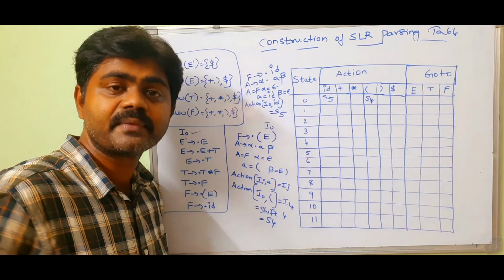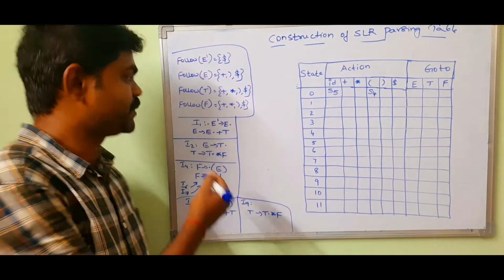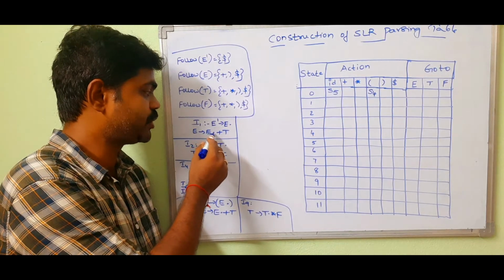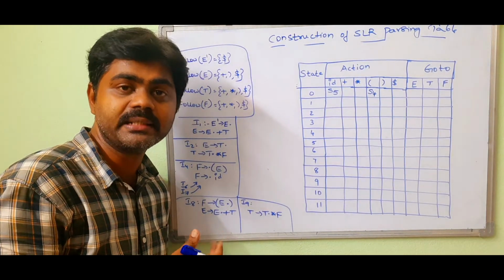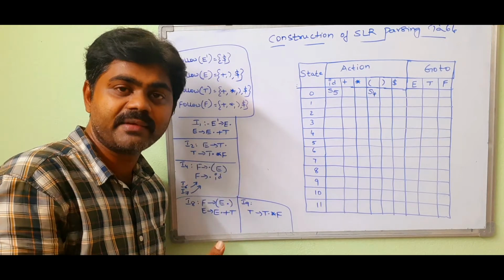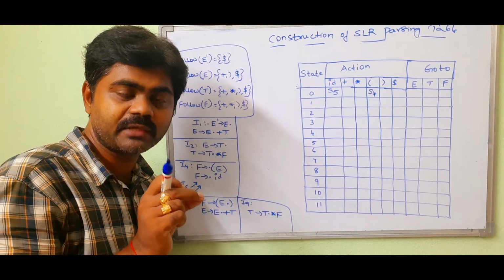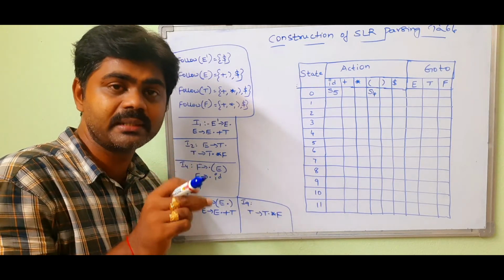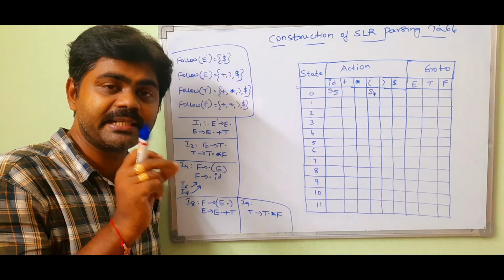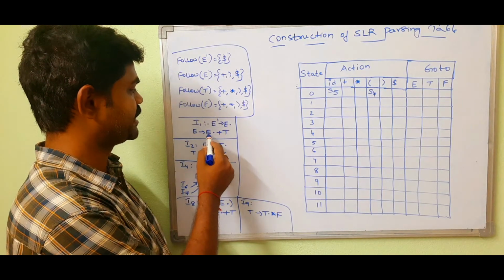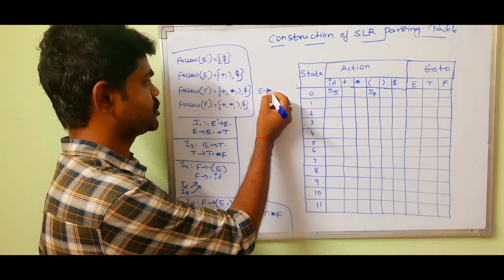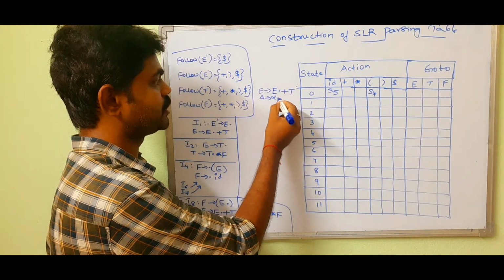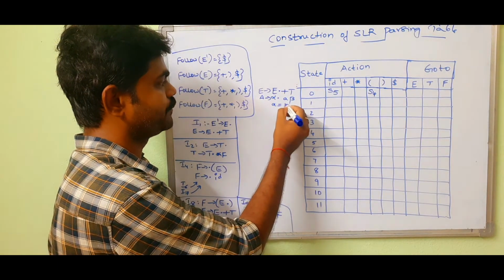Next we need to check for I1. In I1 the productions are E' tends to E dot and E tends to E dot plus T. We need to check from I0 to I11, and apply our rule only on the productions having a terminal after the dot. So here we have E tends to E dot plus T, A tends to alpha dot A beta where A equal to plus.